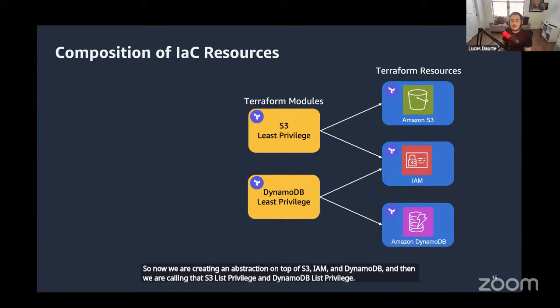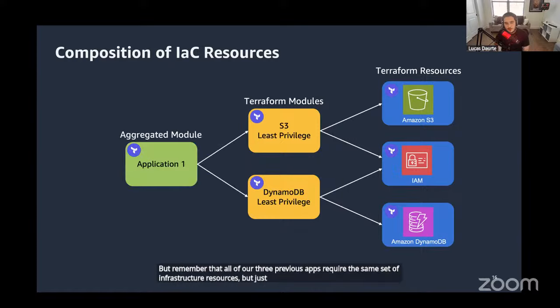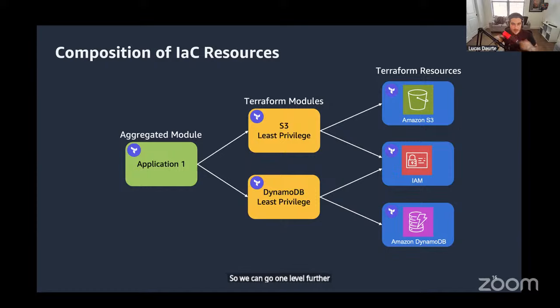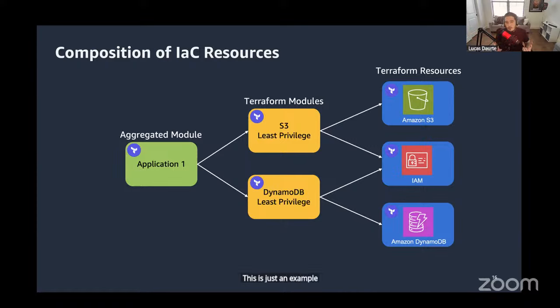But remember that all of our three previous apps require the same set of infrastructure resources, just with different configurations. So we can go one level further and create an aggregated module, which is essentially a module of modules in Terraform.